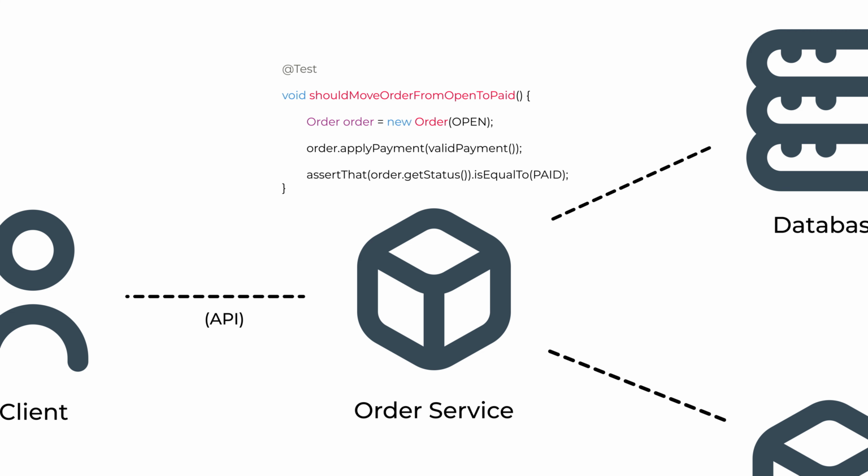For example, the state transition rules, such as whether an order can go from open to cancelled or open to paid state. This is also where it makes sense to test mapping logic, such as transforming a payment event into an internal order representation. These tests are fast, isolated, and provide quick feedback on logic errors.